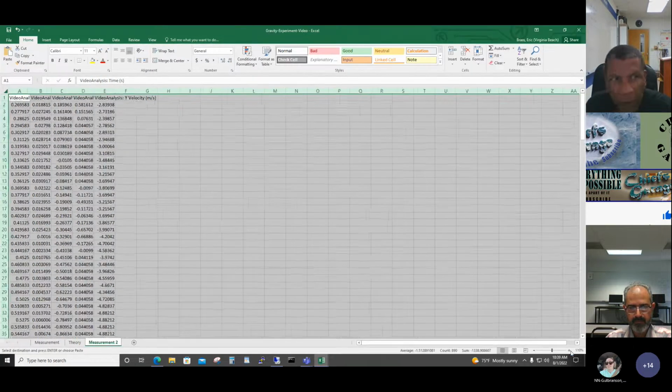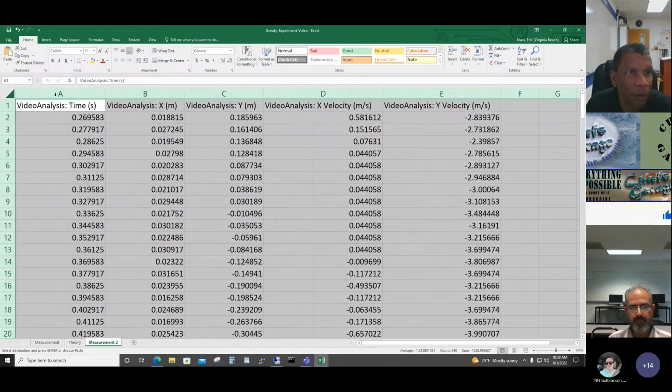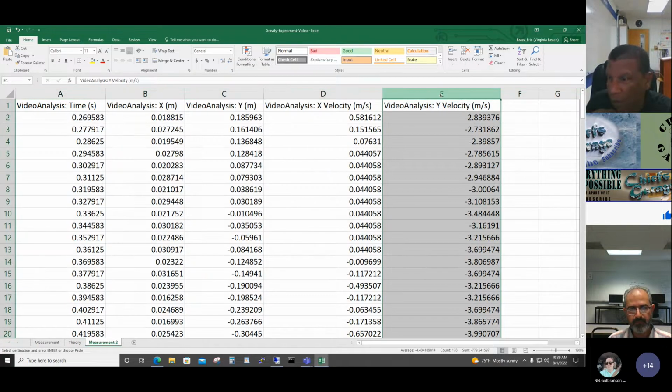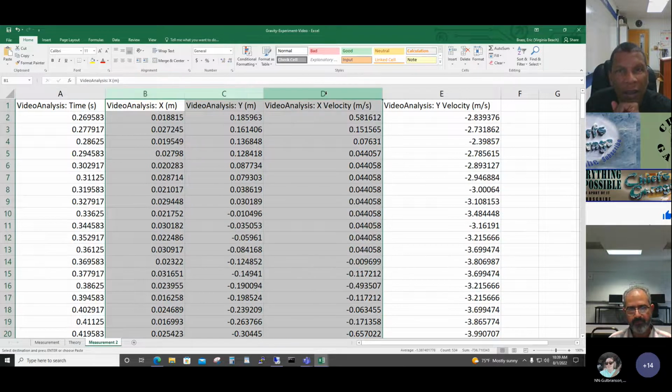Let me go ahead and increase the size of this. So now all we need in this case is the velocity in the y direction, as well as the time. So we don't need x, y, and the x velocity.